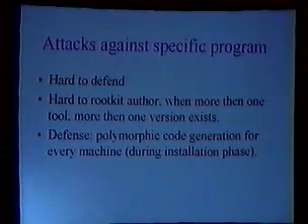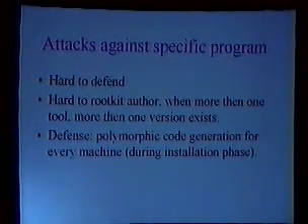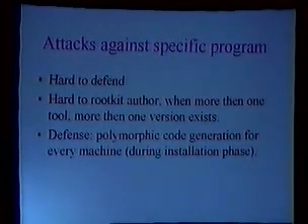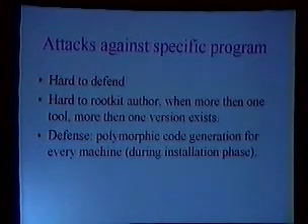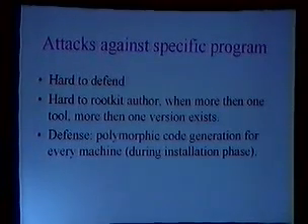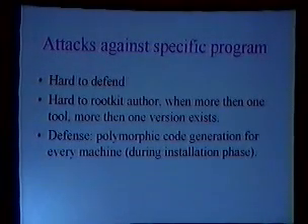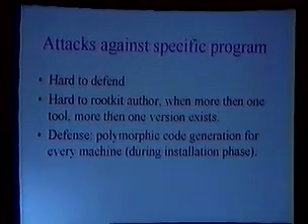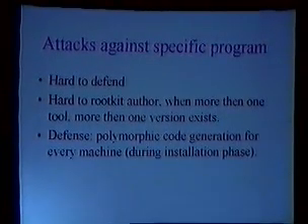The only defense is to use a polymorphic code generator. So after the administrator downloads this tool, it should generate a specific version for this machine, and then it will be harder for the rootkit to detect this specific version.